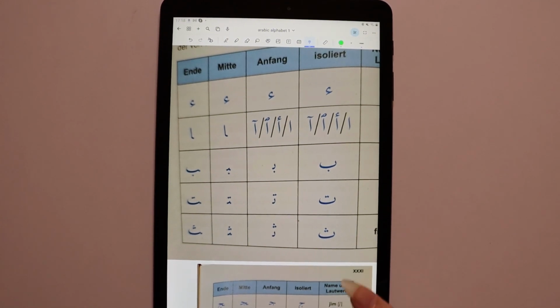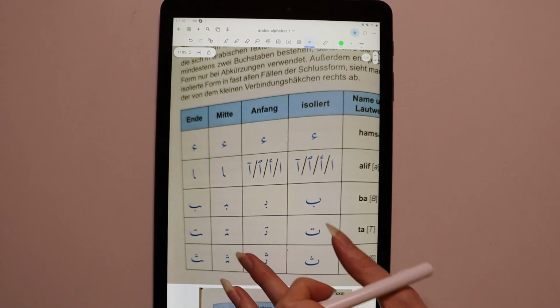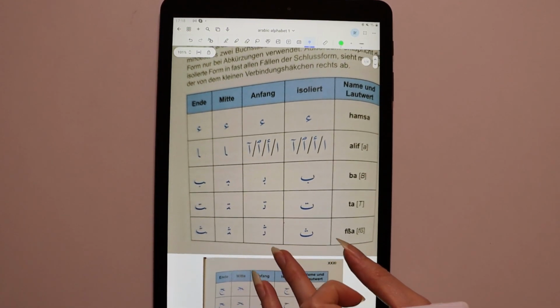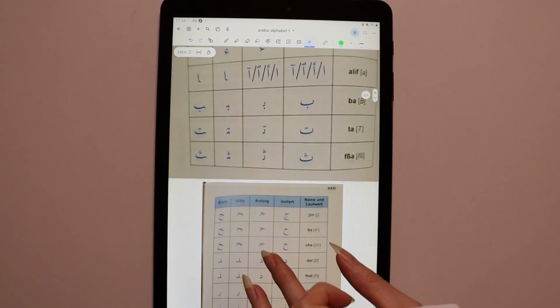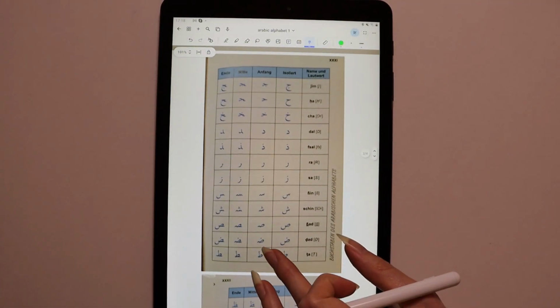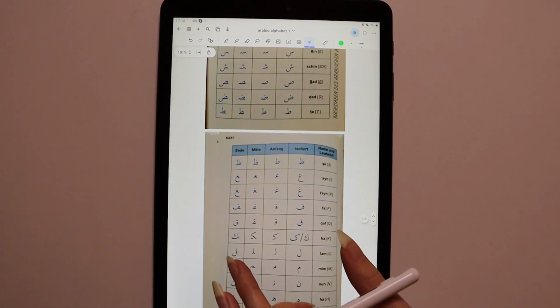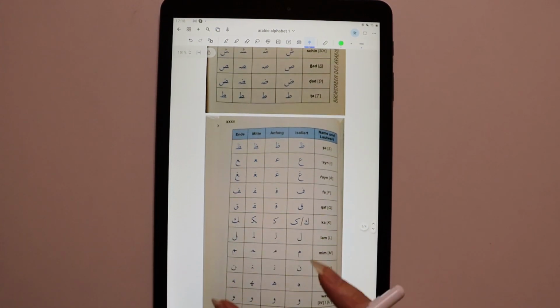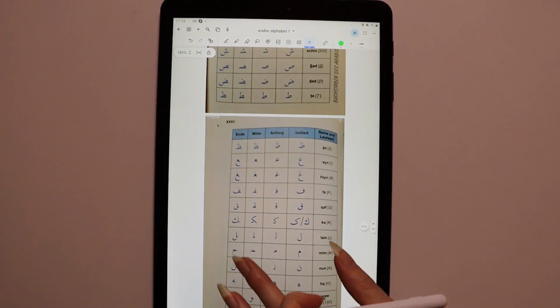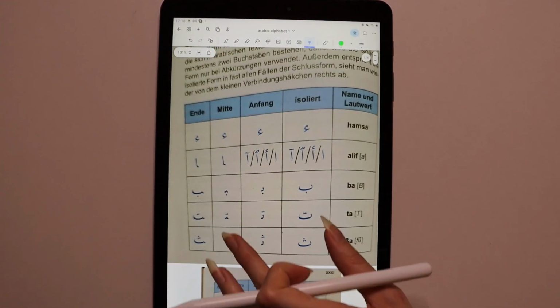So the Arabic alphabet has, I don't even know how many letters, 28, 30?